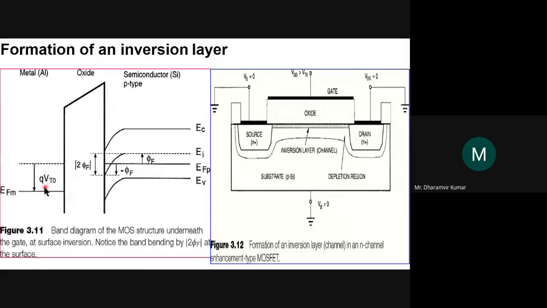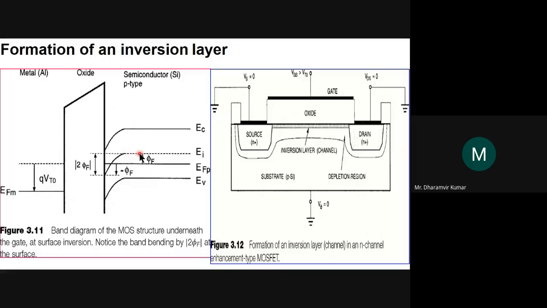The Fermi level of the metal will go down by an energy equal to q times VT naught, and it will also push the energy bands of the semiconductor.